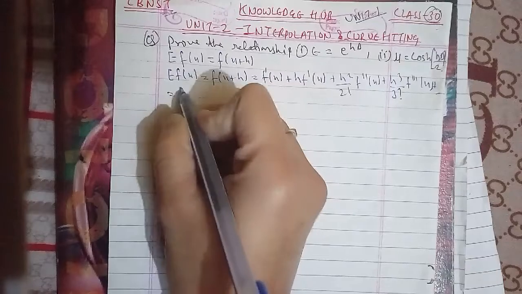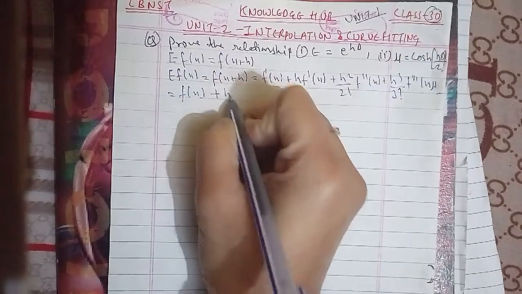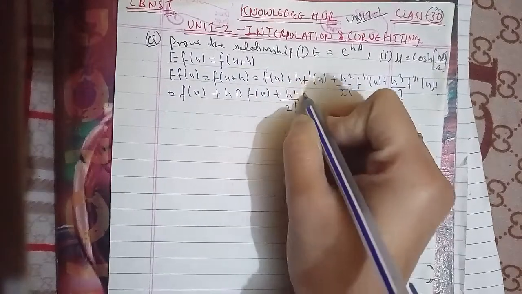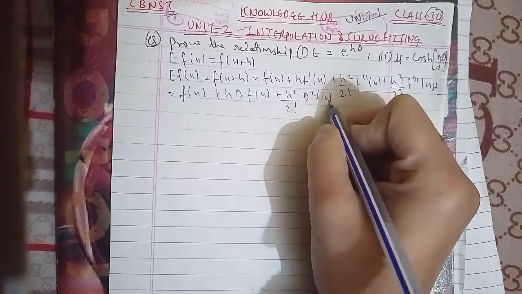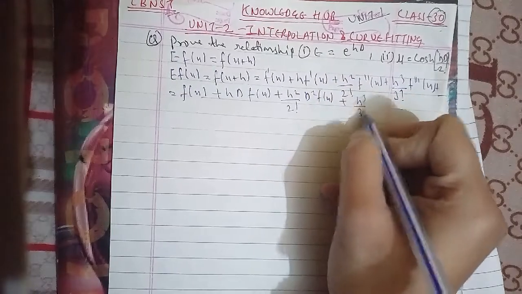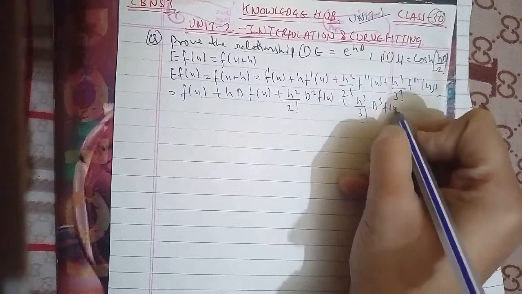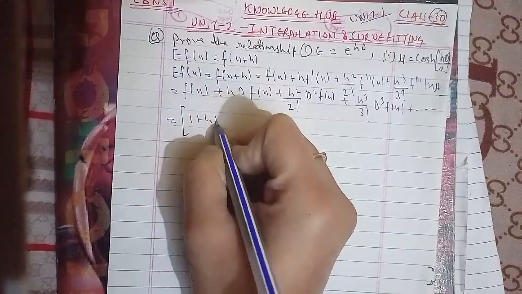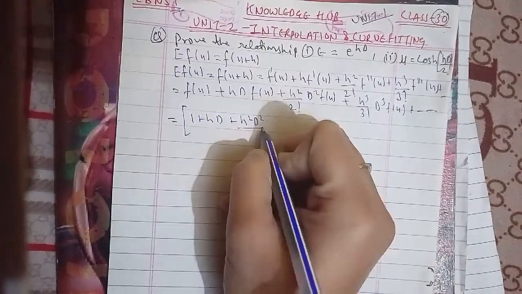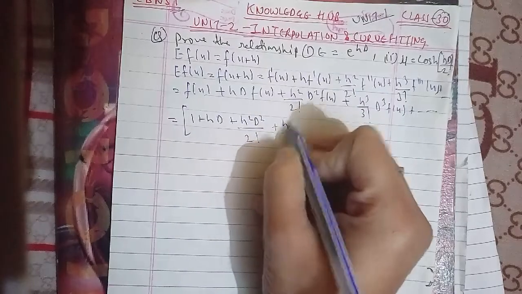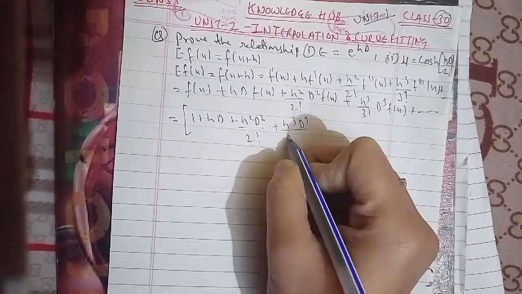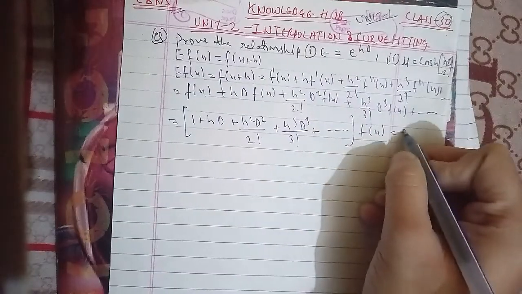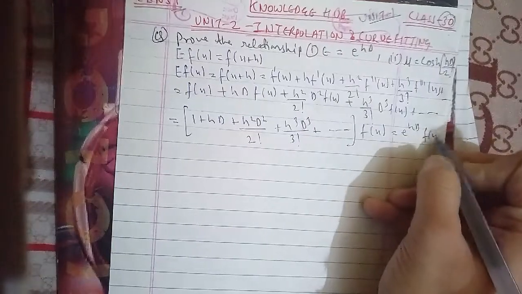Then that equals f(x) plus hD f(x) plus h square upon 2 D square f(x) plus h cube upon 3 D cube f(x) plus further, which is 1 plus hD plus h square D square upon 2 plus h cube D cube upon 3 plus further, operating on f(x), equals e to the power hD of f(x).